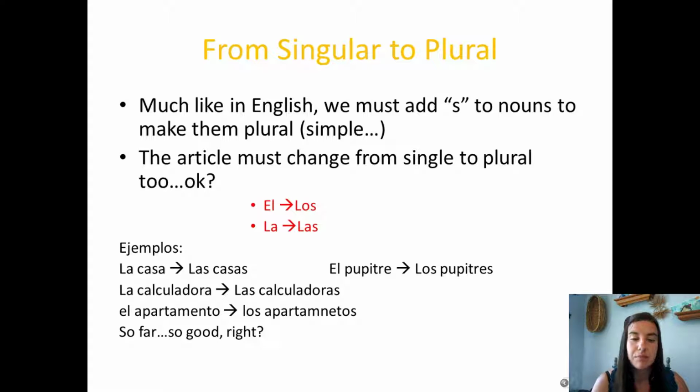So here are some ejemplos. Ejemplos are examples. La casa becomes las casas. La calculadora becomes las calculadoras. El pupitre becomes los pupitres. El apartamento, los apartamentos. So far, so good, right? That's pretty simple to accept.